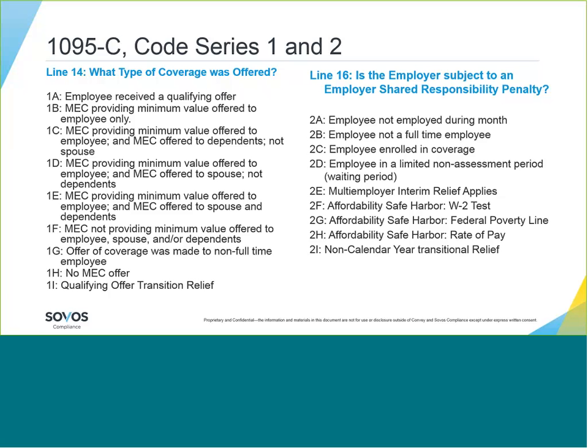Your corporate policy may have something in place where an employee is not offered coverage until 90 days from their start of employment. So you would need to identify that, yes, this person was an employee, however, they were not offered coverage on line 14, and our justification for that on line 16 is because they were in a waiting period. So you're able to explain in this form to the government when coverage was offered, when it was not offered, and if it's not offered, why not?